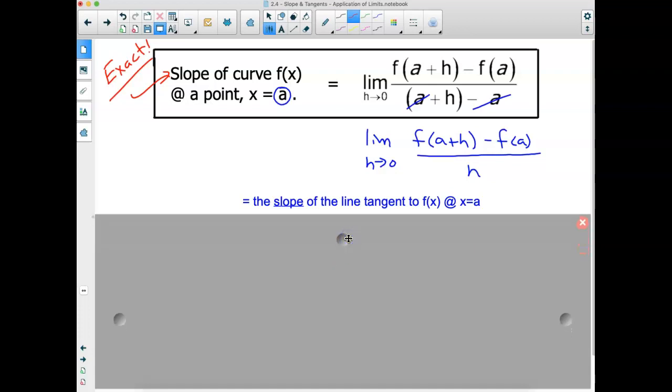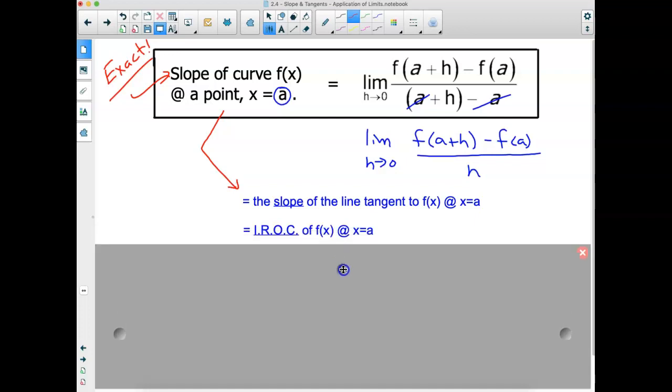So what this means is, when I do this whole slope of the curve, it can also not just be called the slope of the curve. We need to hear the different verbiage that they're going to use in calculus. They might also say, what is the slope of the line tangent to f of x at x equals a? Or they might say, what is the instantaneous rate of change of f of x at x equals a?